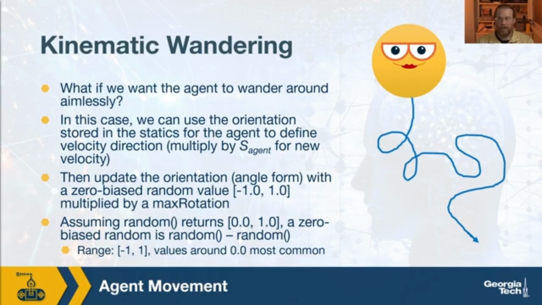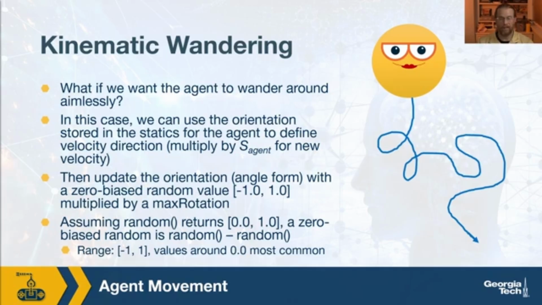Another algorithm we might want is, rather than seeking or arriving or evading, we just want an agent to sort of aimlessly wander around, like maybe a villager, a non-player character (NPC) in a game. We just want them to wander around a bit. So a simple way to implement this would be to rely on the orientation rather than any particular target.